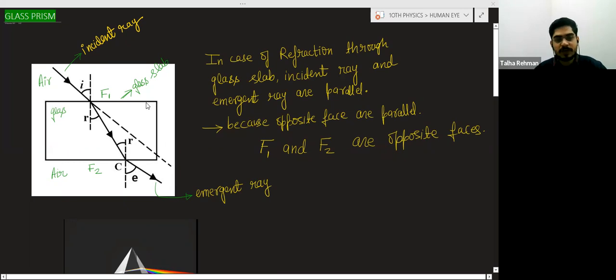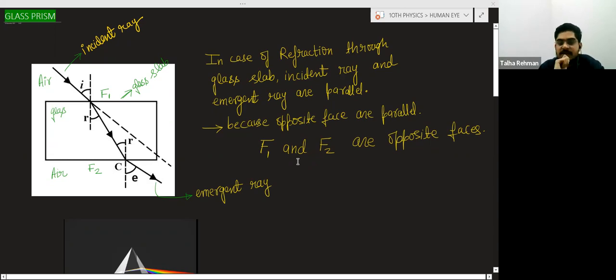Because of the shape of the glass slab. This face of the glass slab is parallel to this face of the glass slab. Is it or not? F1 and F2 are opposite faces and both are parallel. This is the emergent ray. So basically this is what happens in refraction through the glass slab.